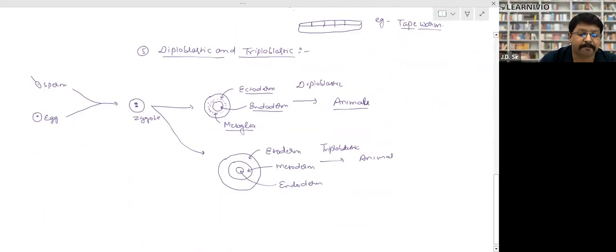Fifth criteria, diploblastic and triploblastic. What is diploblastic and triploblastic development? Fine, try to understand.